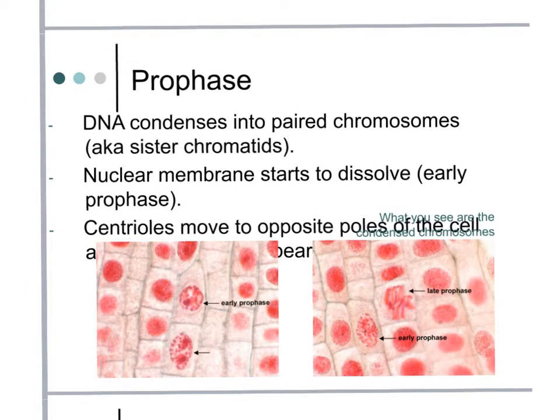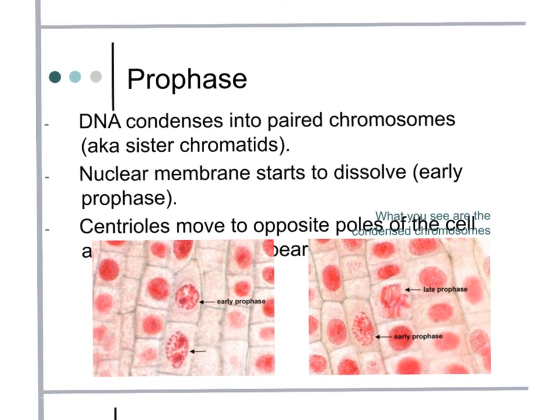Okay, so we get into the P of IPMAT, or prophase, which is also prepare. So what happens in prophase is the DNA condenses into chromosomes, and another way of saying it is sister chromatids. The other thing that happens to prepare is that the nuclear membrane starts to dissolve.